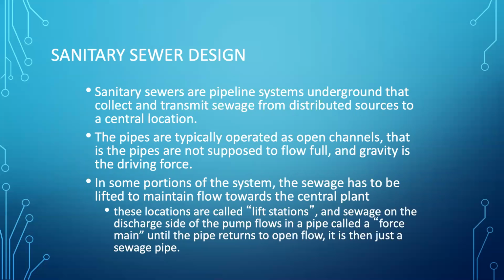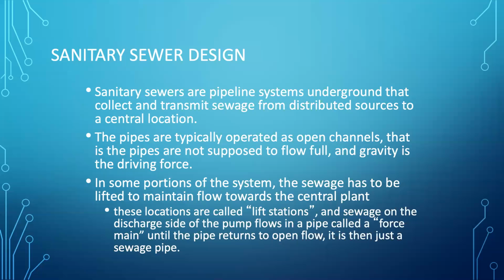That's called surcharging, and if a stormwater system surcharges, that's undesirable, but it's not the end of the world. If a sanitary system surcharges, that means you're going to have sewage coming up out of the ground at some point, and you're going to have a lot of splaining to do when that happens. So we design them as best we can so that does not happen.